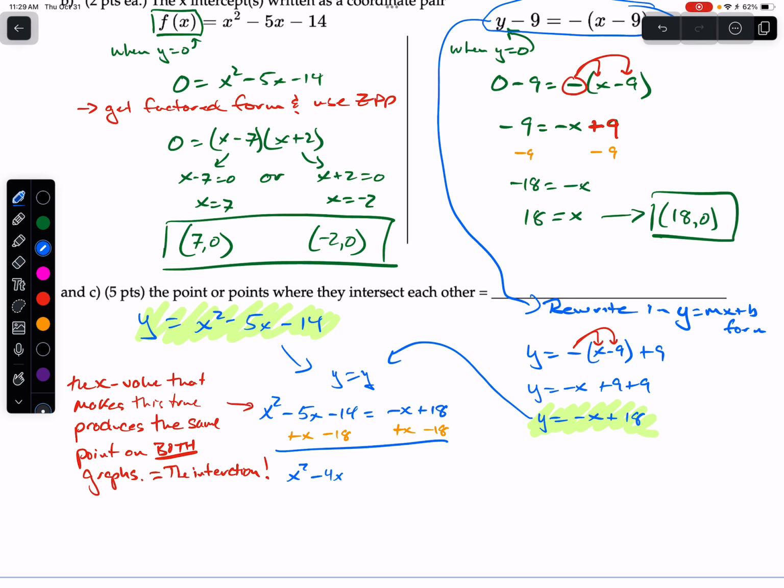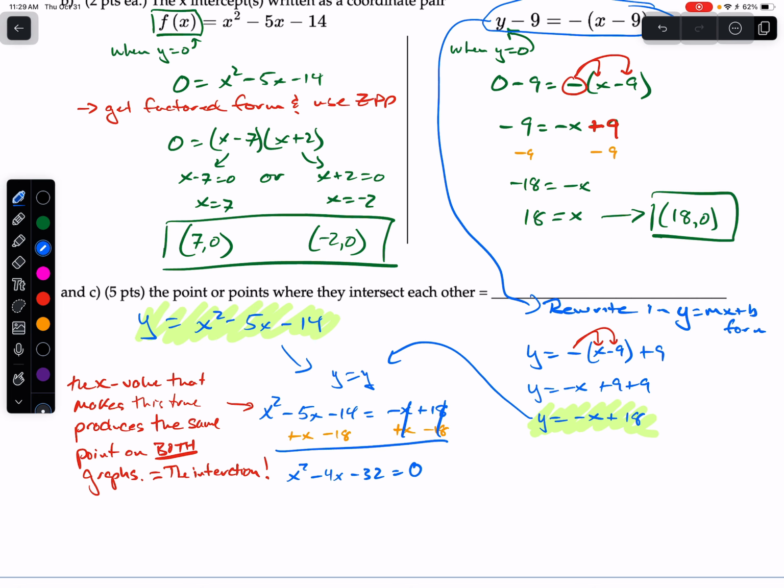Let me get to my notes here. That feels funny. No, that's right. x squared minus 4x minus 32 equals 0.